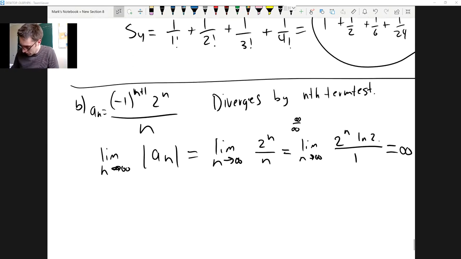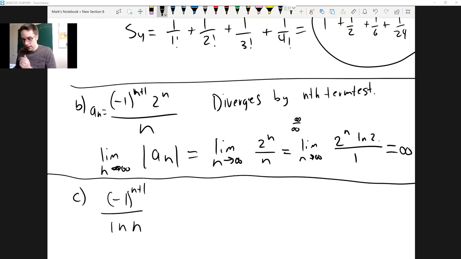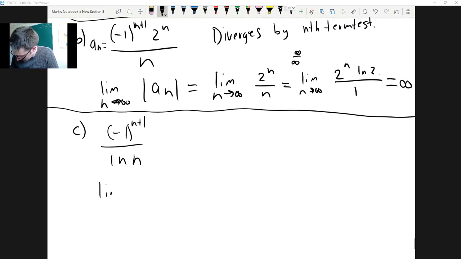All right, on to our last example. And that one was negative 1 to the n plus 1 over the log of n. And we want to check to see if it converges. And in this case, we'll again look at the limit as n goes to infinity of the terms. It is alternating, so the alternating series test applies.